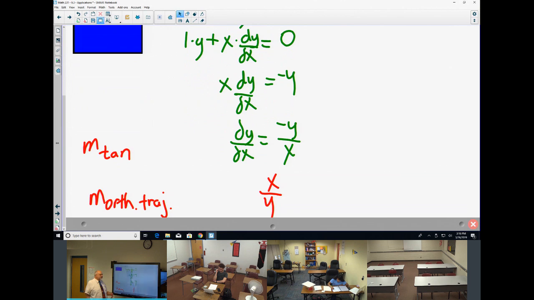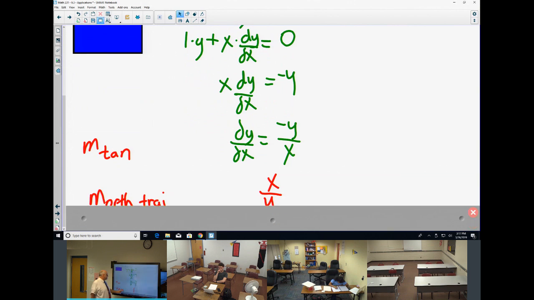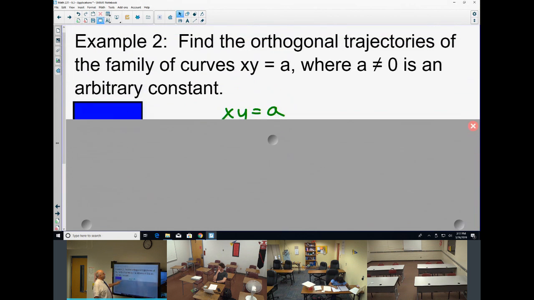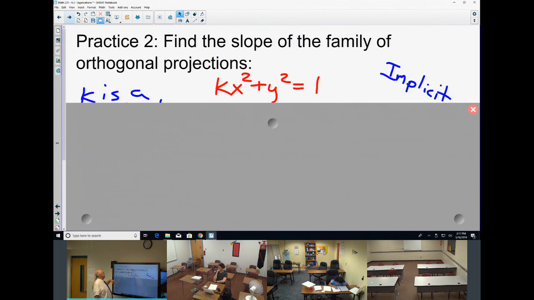It just means the perpendicular lines. So you flip the fraction, change the sign, and you get x over y. So in these problems, there's really two steps. One, you take the derivative, and then you do the opposite reciprocal. Okay? So let's see if you can do this one.